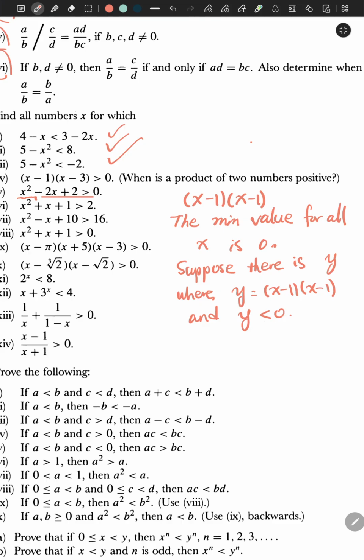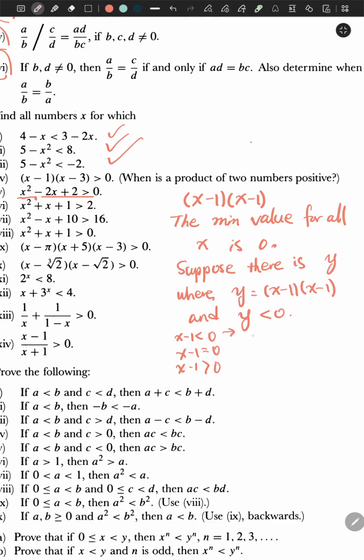Then we can consider the case where x minus 1 is less than 0, and x minus 1 is greater than 0, or three cases, equal to 0.